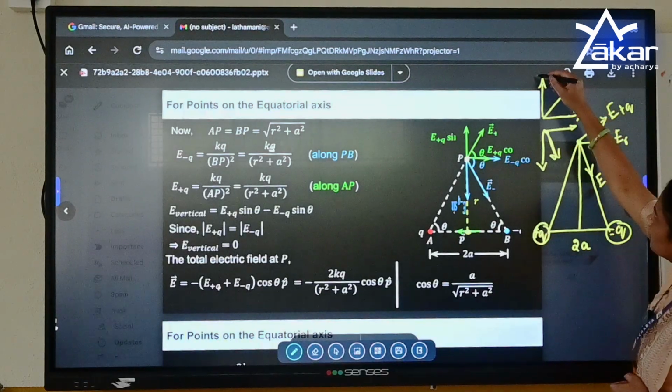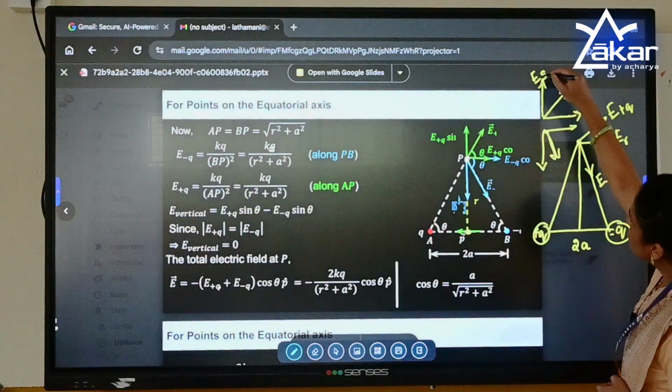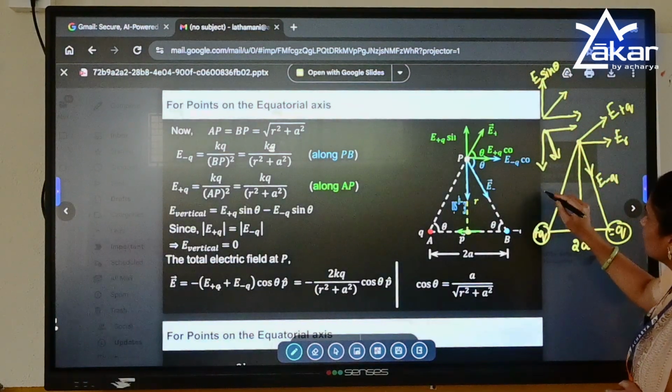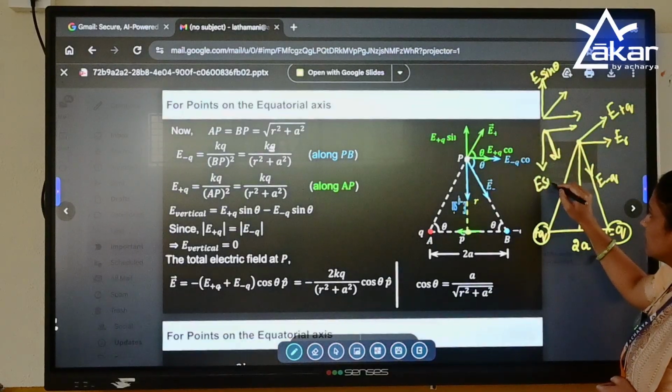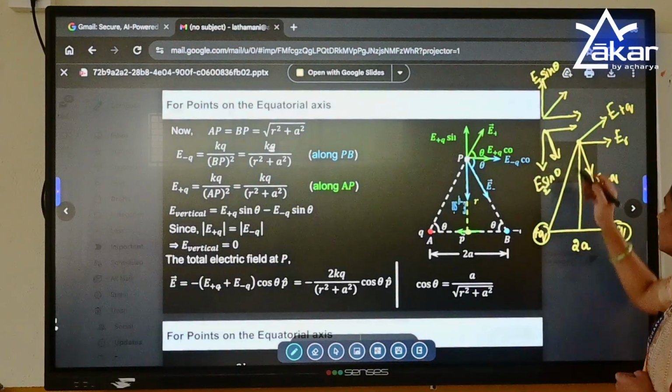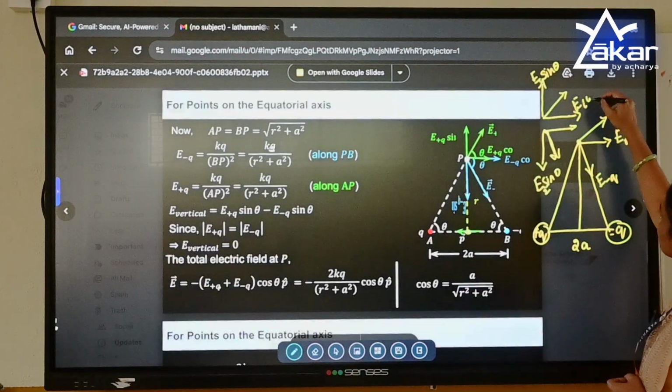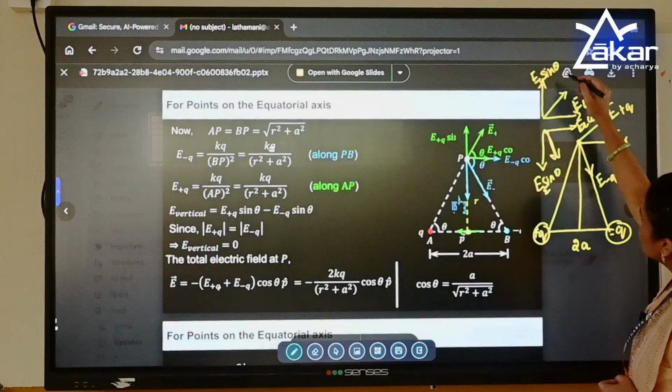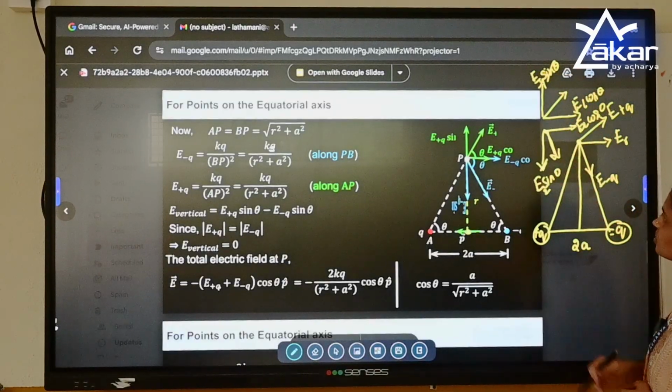Then vertical is E sin theta. You can write it as E1, no problem. Then this is E1 cos theta, E2 cos theta. Both are opposite, so they cancel each other.